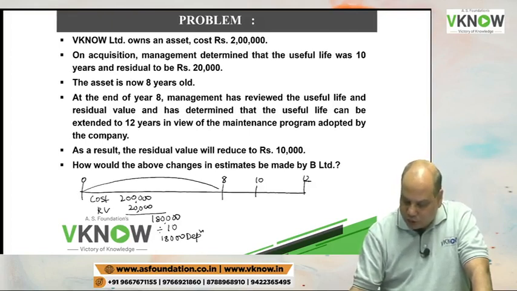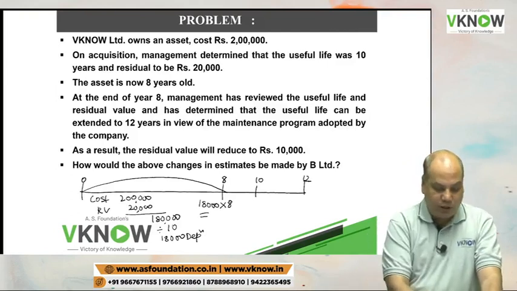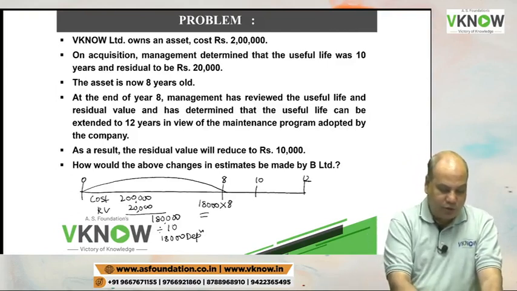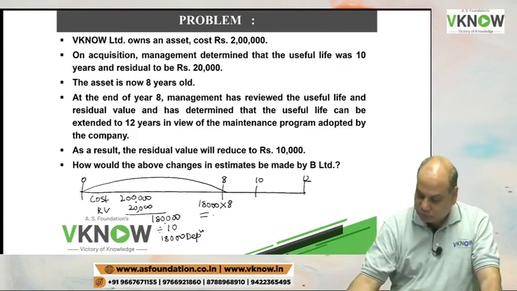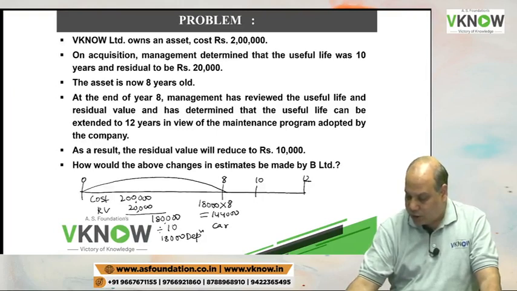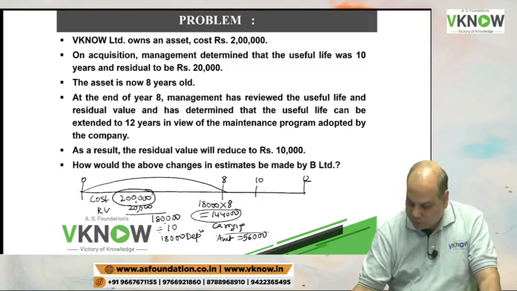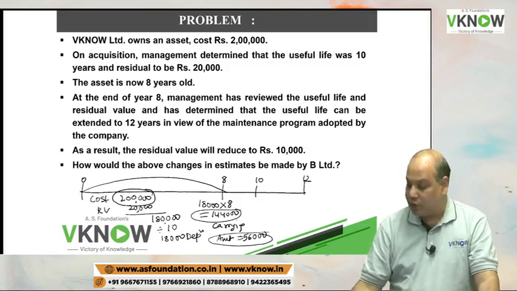You have already depreciated the asset for 8 years, so total depreciation is 18,000 into 8, 1,44,000, and the carrying amount now is 56,000. 2 lakh minus 1,44,000 is 56,000.